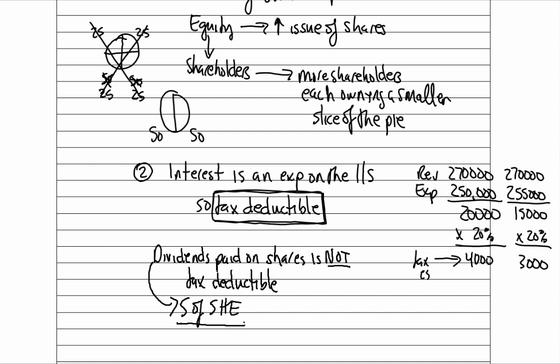It goes on the statement of shareholders' equity and it goes after taxes. So here, no tax deductibility. So it's more expensive to have dividends on shares than it is to have interest on debt. So this is a benefit because it is tax deductible. So if we were paying dividends on shares, there would be no benefit.